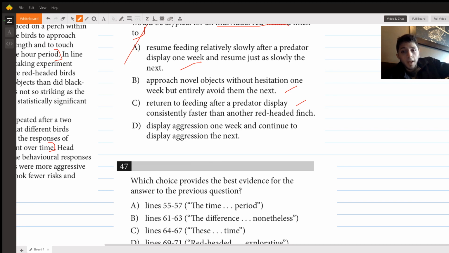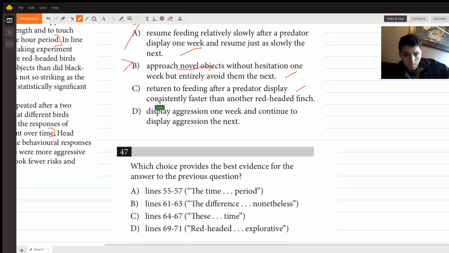Moreover, what do we know about red-headed finches? I'm reading it wrong. What we do know about red-headed finches is that they approach novel objects with hesitation. It's the black-headed finches that approach without hesitation. So just this first set of behaviors would be atypical as well. So there's two things. This is a good answer, so let's keep it.